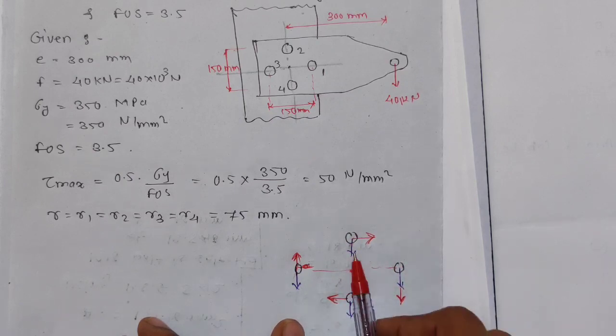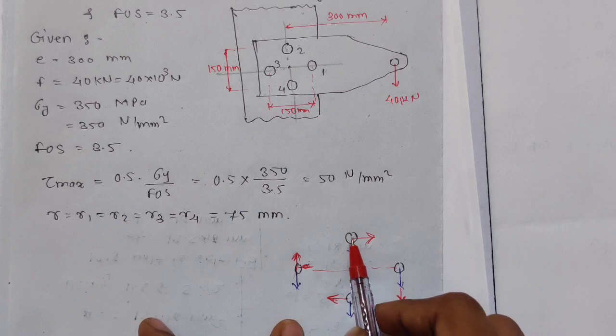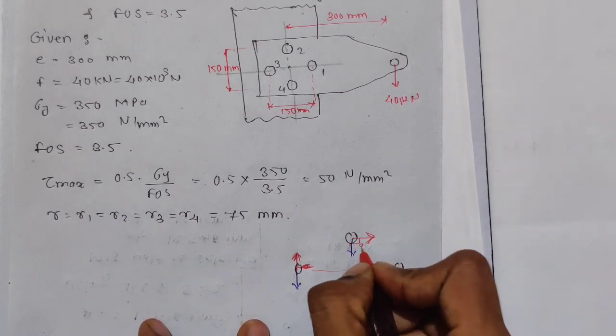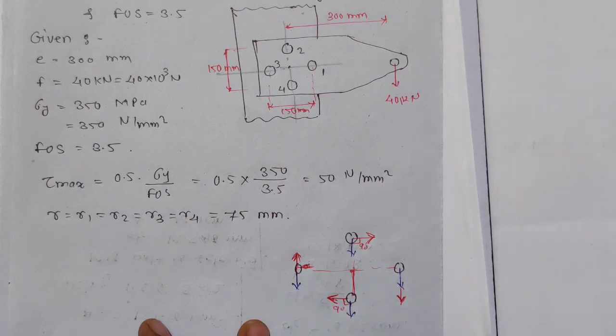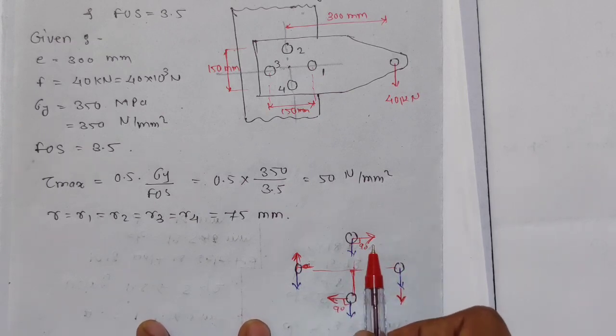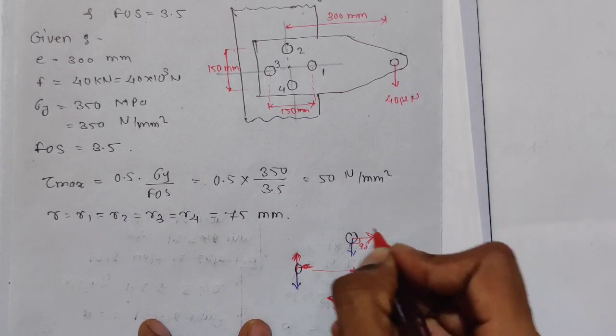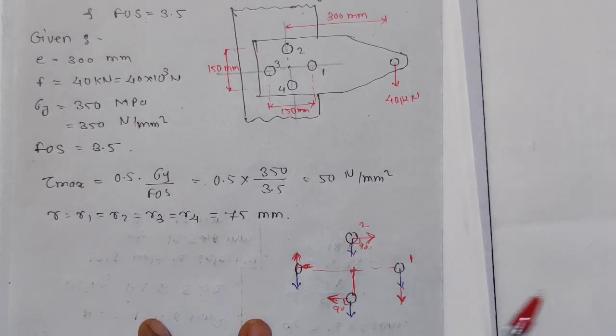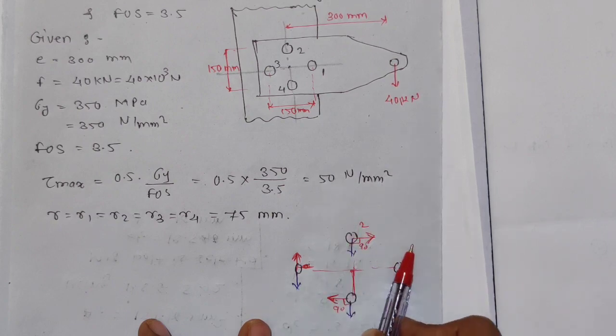These 2 bolts have a similar radius, so the load acting on them is the same. Each has a 90-degree angle, so the secondary load acting on these bolts is the same, and the total load acting on them is the same. So I am considering the first and second bolts as the heavily loaded bolts, and we have to find the load acting on them.